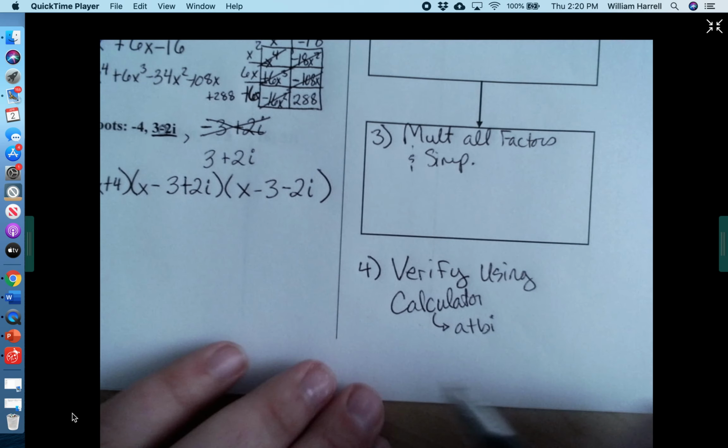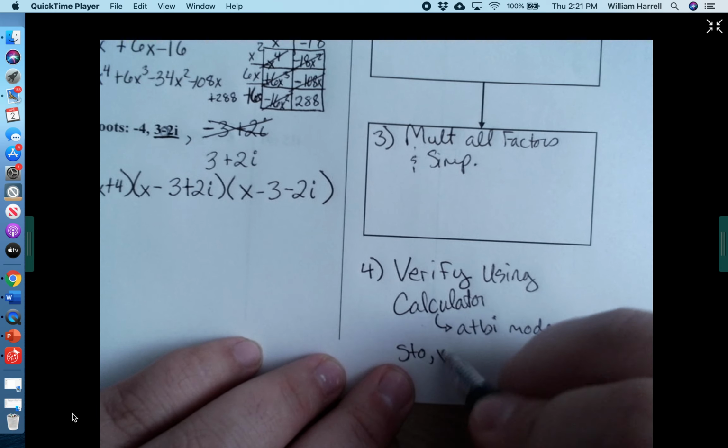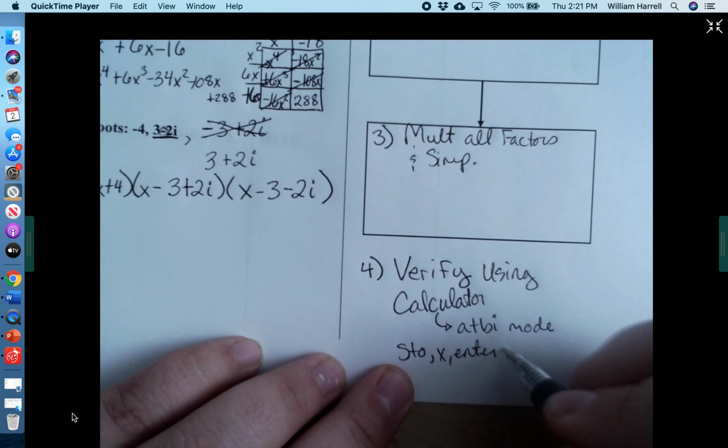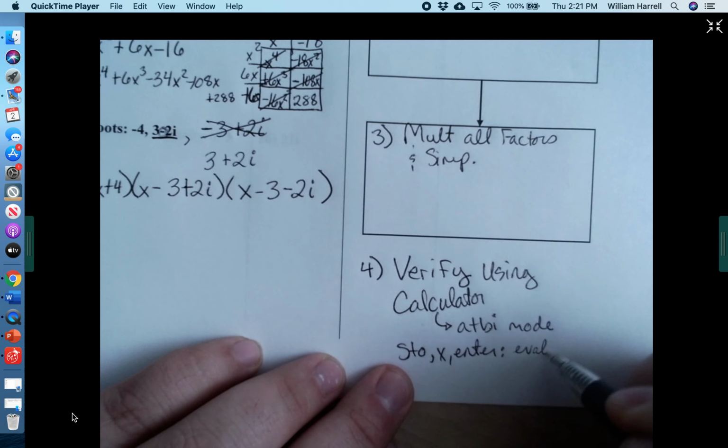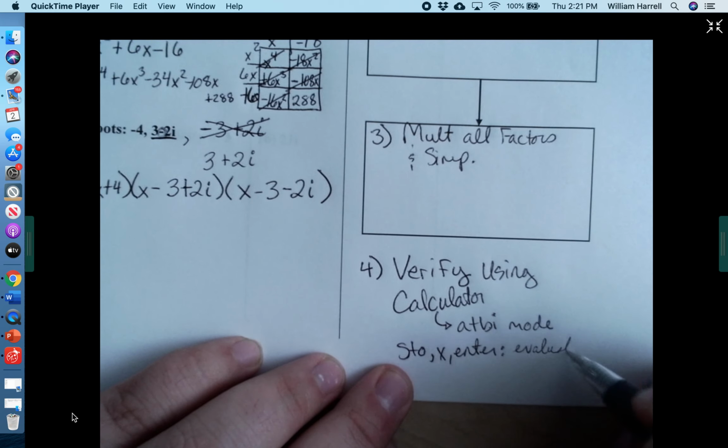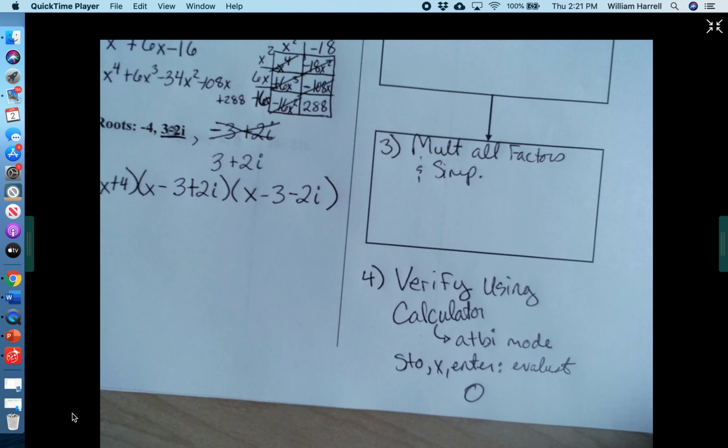And again, the way we do this is store x, enter, and all of this is doing is essentially evaluating. Alright, we need our result to be 0. If it's not 0, it's wrong. Go to the next answer choice or go back and look at your work. Okay. And again, all we do is plug in the roots. -8, store x, enter.